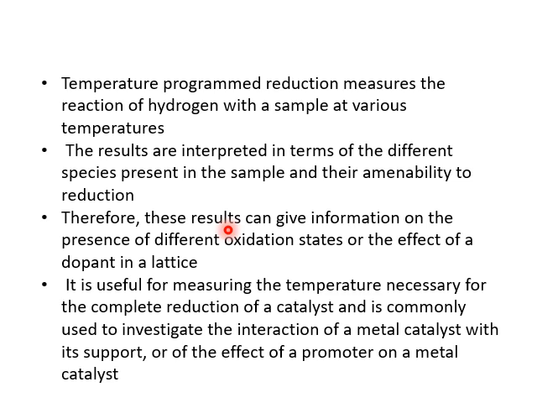But if the species is present in a lower oxidation state, it will not be reduced, or it will be reduced very slowly. So we can get information about the oxidation state of a species. If it is reduced rapidly, then a higher oxidation state is present. If it is not reduced, then a lower oxidation state is present.